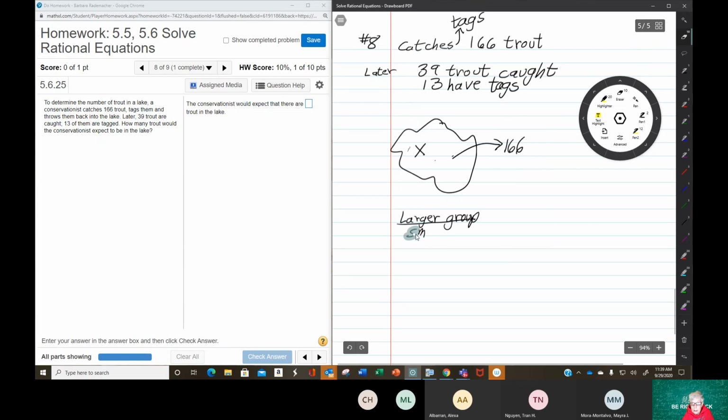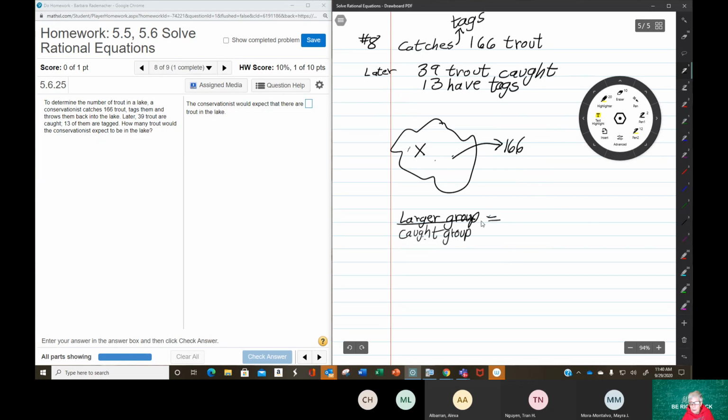Let's call it caught. So you get to be a little creative. Caught group. That is, there's a larger group from which the group is caught, and these guys are all tagged. So it would have been better even to say a tagged group.